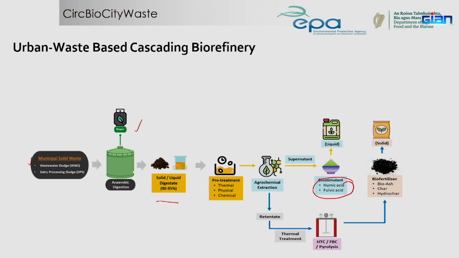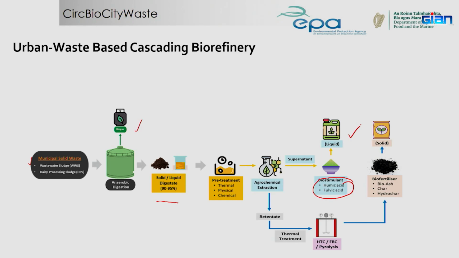These two are biostimulants, very expensive ingredients when it comes to different types of plants, aquaponics, hydroponics and different systems. Liquid fertilizer, the solid one goes to bioash, char or hydrochar, yeah?